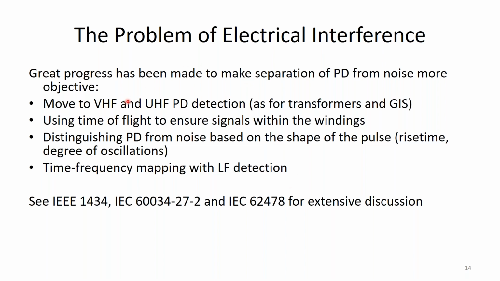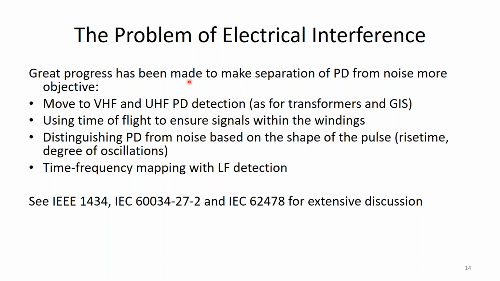And basically what you see if you read these standards is that there's been a lot of interest in moving to what was called the VHF or UHF frequency ranges for PD detection. I'll get into this a bit more later, but very high frequency is 30 megahertz to 300 megahertz. UHF is 300 megahertz to 3 gigahertz. This is moving to much higher frequencies of PD detection than the traditional techniques, which were typically around 1 megahertz.